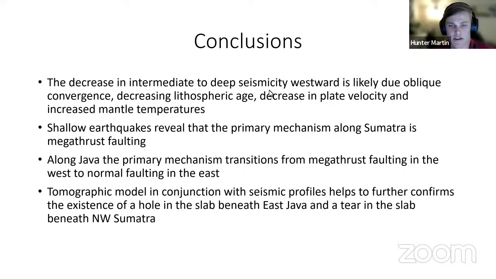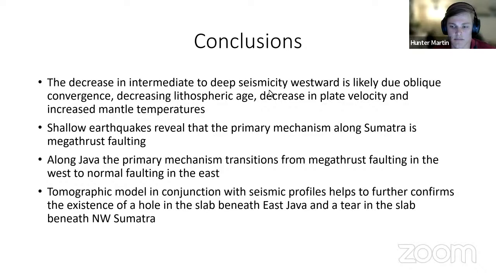We see maximum depths of 500 to 600 kilometers. And then that begins to decrease westward towards Sumatra, where seismic events reach a maximum depth of 200 to 250 kilometers. And this is likely due to numerous factors, some of those being oblique convergence, decreases in lithospheric age, decreasing plate velocity, and increased mantle temperature.